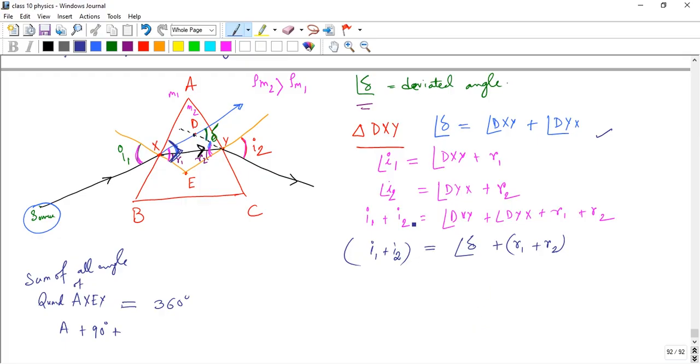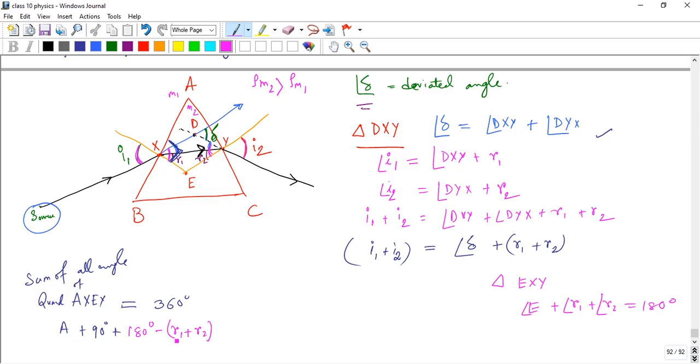If I check the triangle EXY, here angle E plus angle R1 plus angle R2, you know that the sum of all angles of a triangle is equal to 180 degrees. Now we replace that. So angle E equals 180 degrees minus (R1 plus R2).